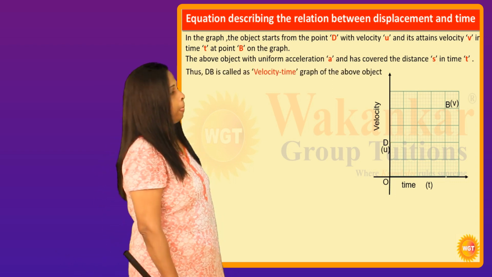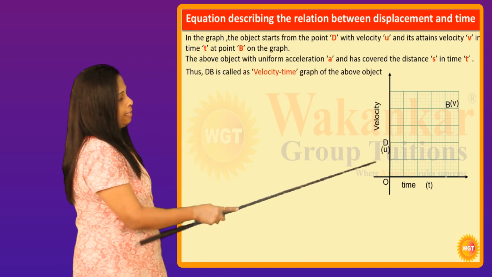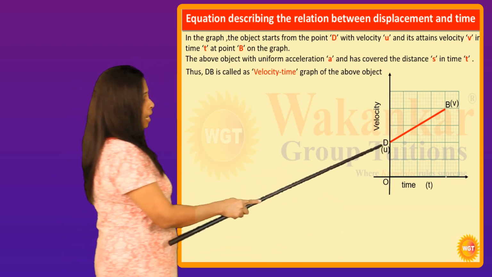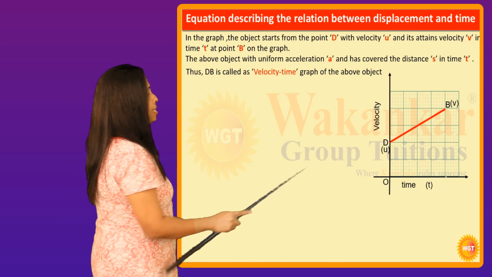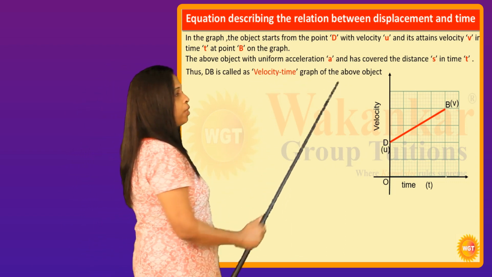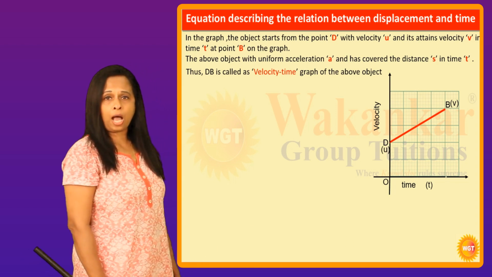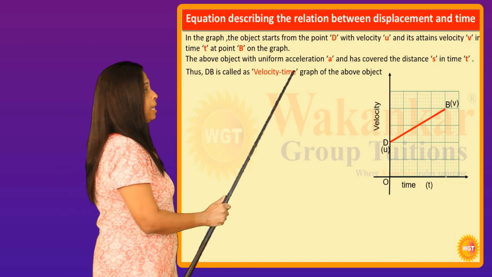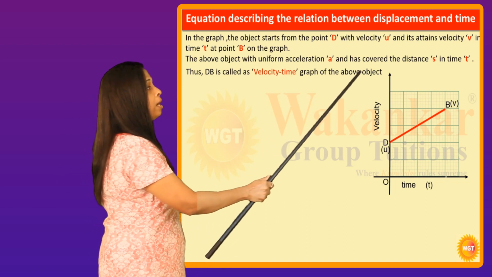Let us see. First, let us understand what DB is called. DB is called the velocity time graph of the above object. The object can be a car. So, DB is the velocity time graph of the car.